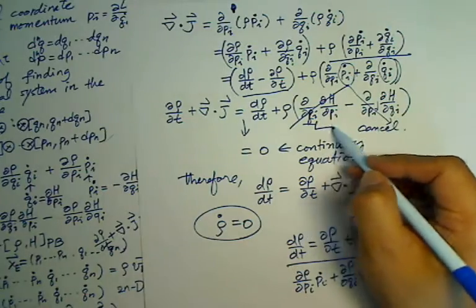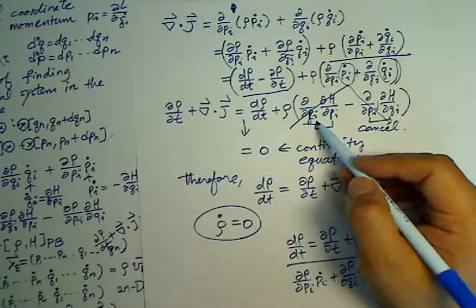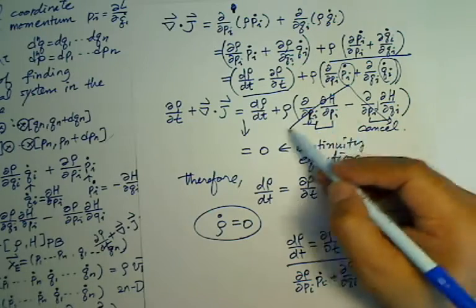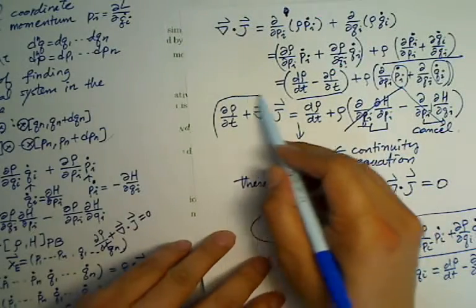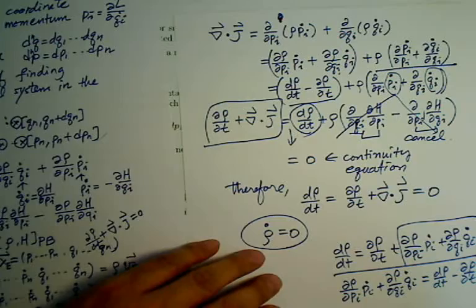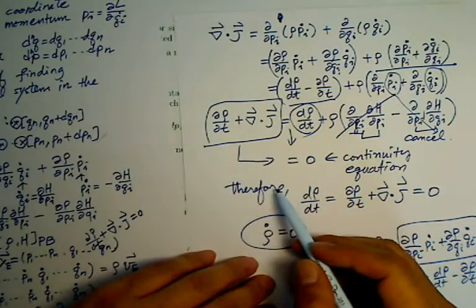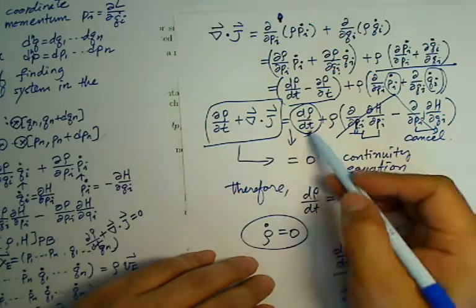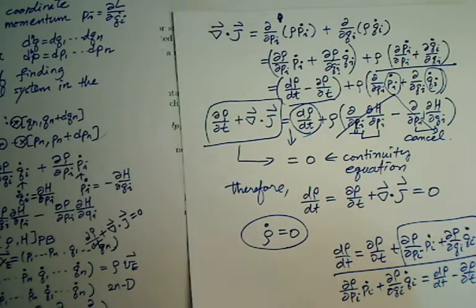You can see these two are the same, and derivatives are commutative, so they cancel. Eventually, this is equal to the total time derivative of rho. But we have constructed that this is a conserved quantity, so this is 0. That means the total time derivative of the density is 0. This is a constant of motion.